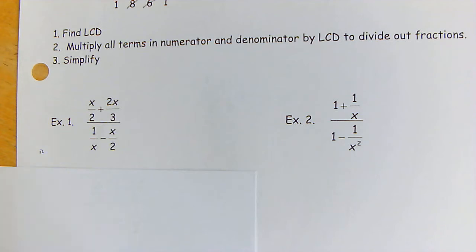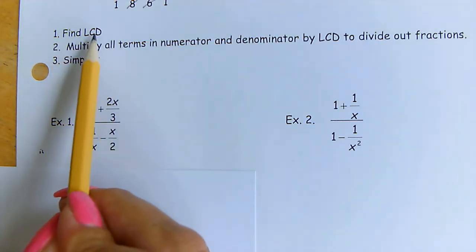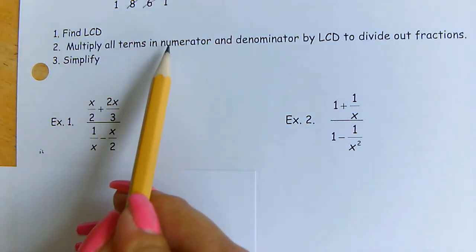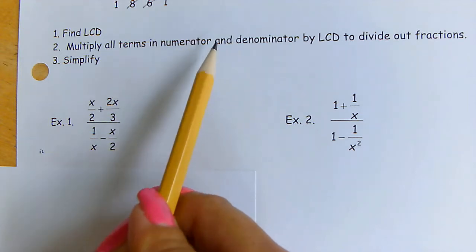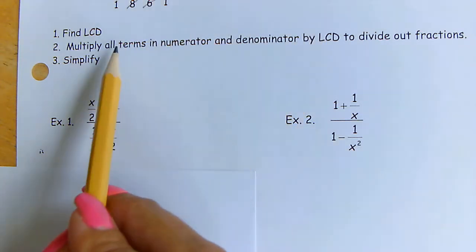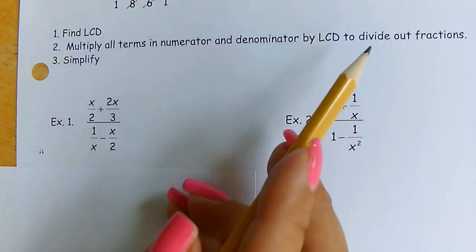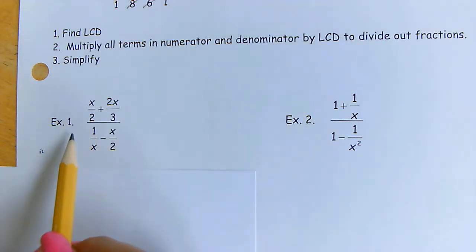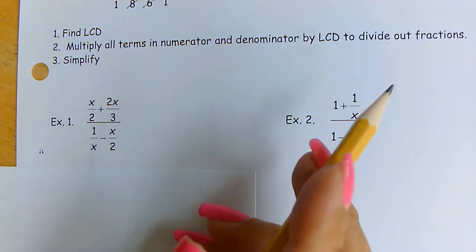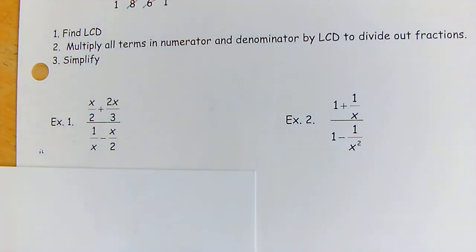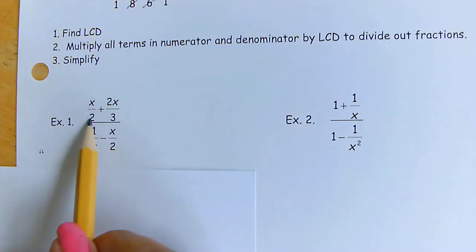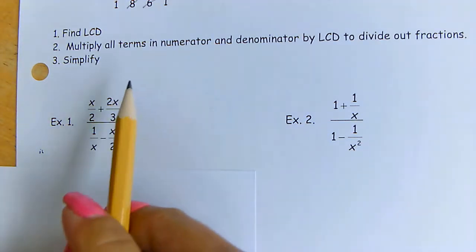Okay, so let's keep going. We're going to find the lowest common denominator and multiply each fraction in the numerator and the denominator by the LCD to divide out the fractions and simplify. So here, my denominators are 2, 3, and x.